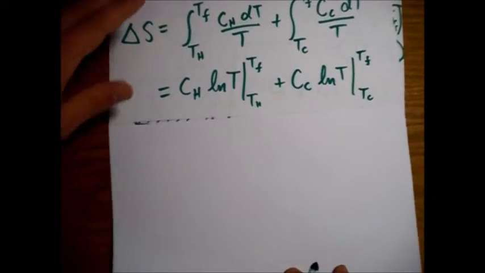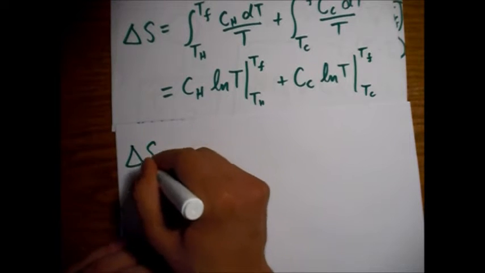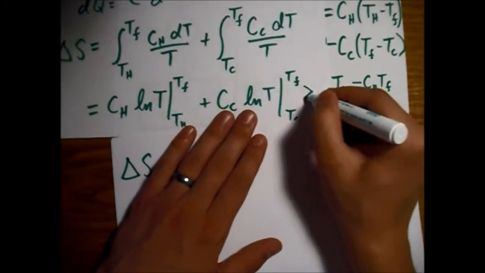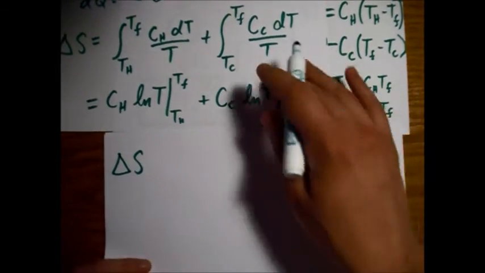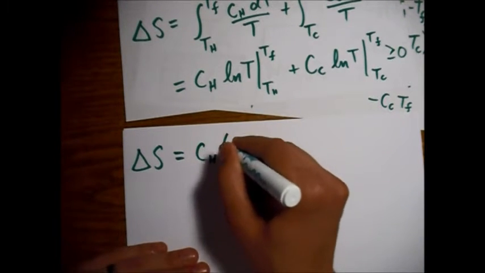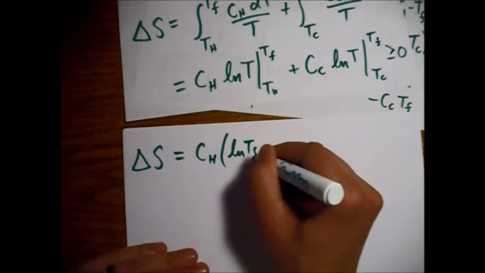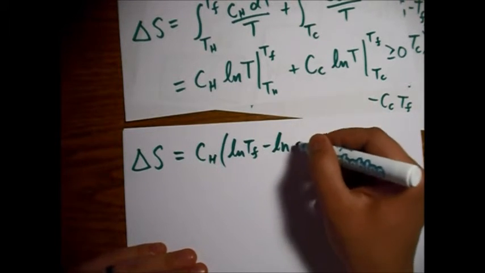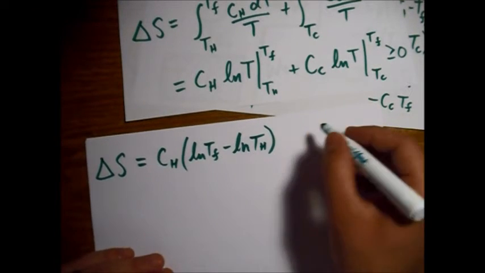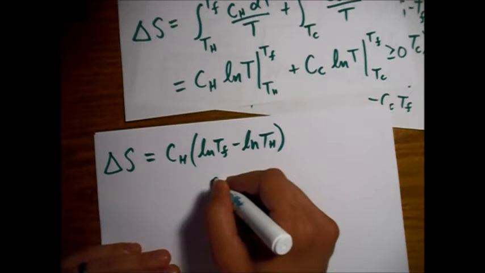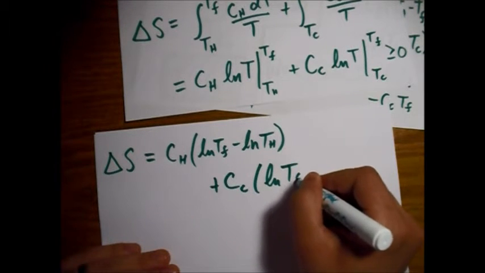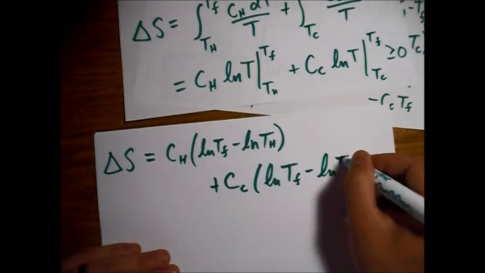So let's go ahead and plug these in. We're still looking at the change in entropy, and again, this is going to be greater than or equal to 0. So we have C_H times natural log of TF minus natural log of TH, and on the second line, plus C sub C times natural log of TF minus natural log of TC.